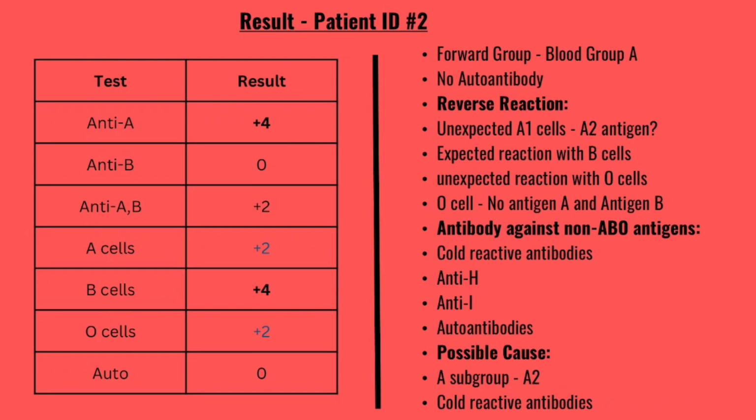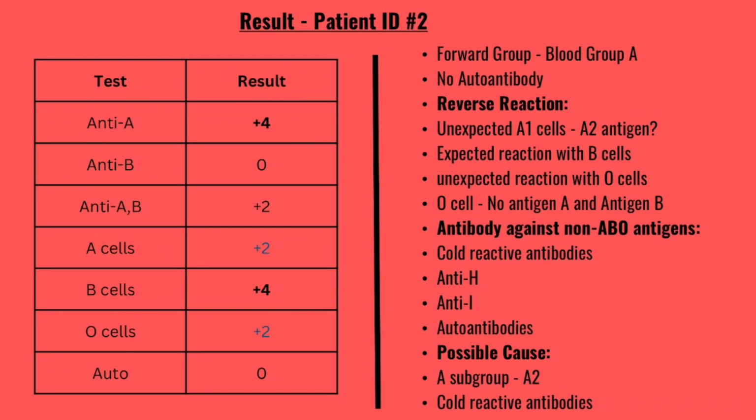So what are my conclusions about the possible causes of a weak reaction on A cells and a weak reaction on O cells, which has led to this ABO discrepancy? Number one, it could be that this patient is subgroup A2. I've told you that in blood group A, most people are A1 cells, but some can be A2, some can be A3. So there's a possibility that this patient is A2.